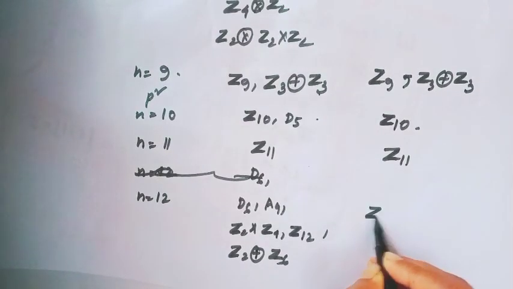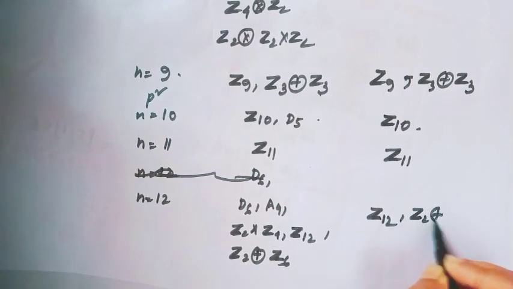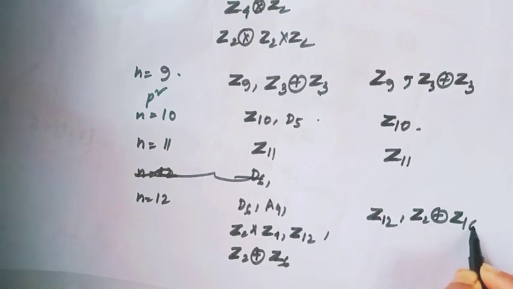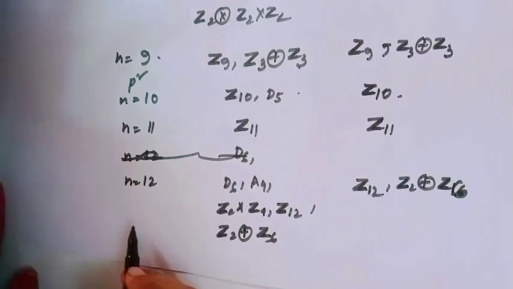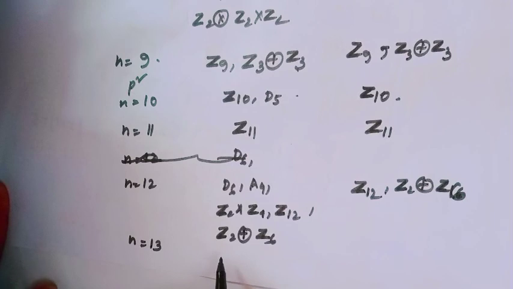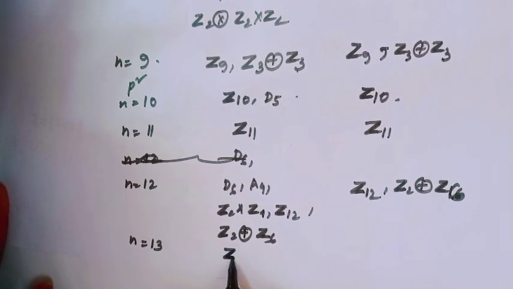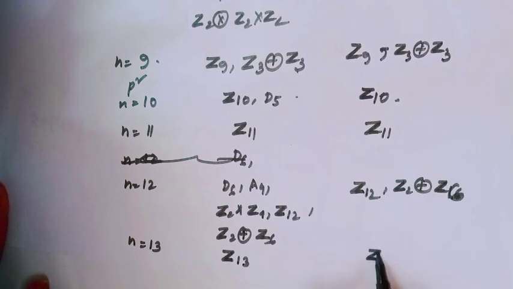Okay? That means abelian groups are Z12 and Z2 direct product Z6. When n equal to 13, then there exists only one possibility, because 13 is a prime number. This is Z13, abelian also Z13.